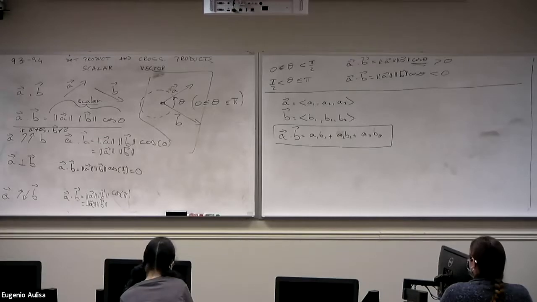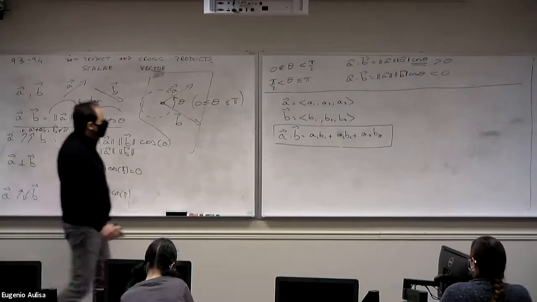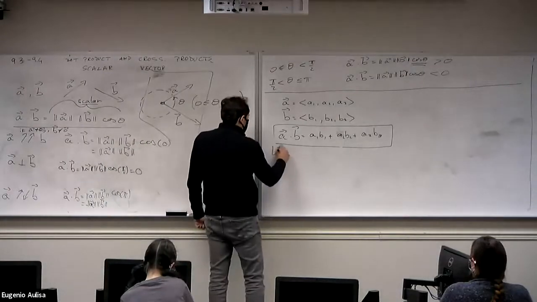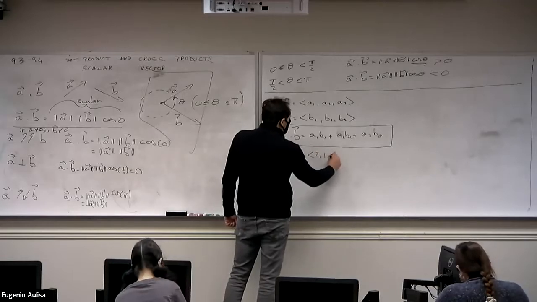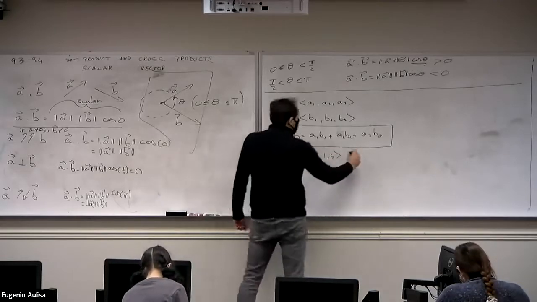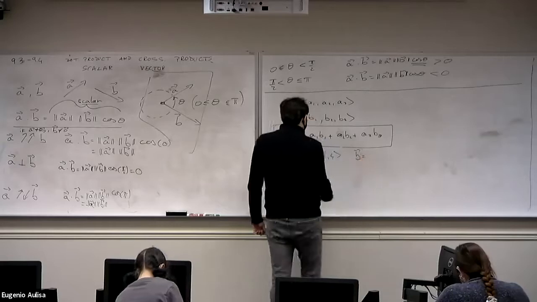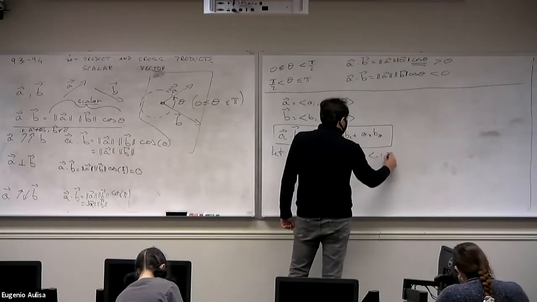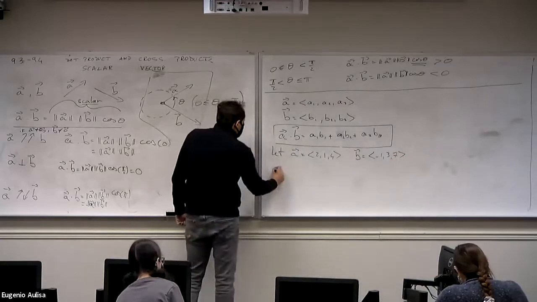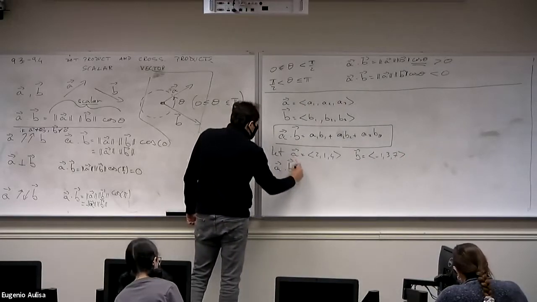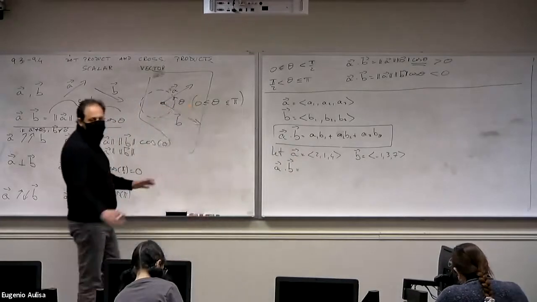So let A be (2, 1, 4), and B equal to (-1, 3, 7). Find the dot product A dot B. So this is very simple.